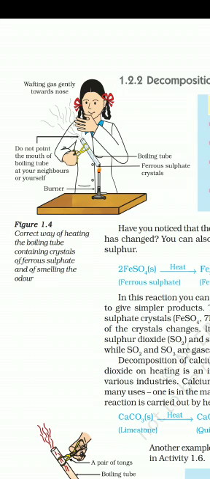Do not point the mouth of the boiling tube at your neighbors or yourself. You have to be very careful when you perform an experiment. The girl is performing thermolytic decomposition of ferrous sulphate.